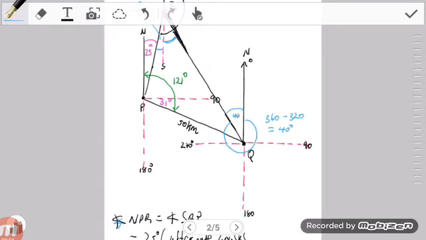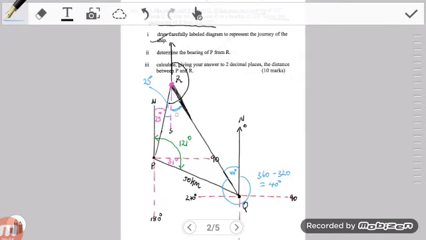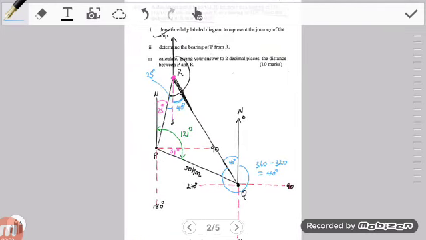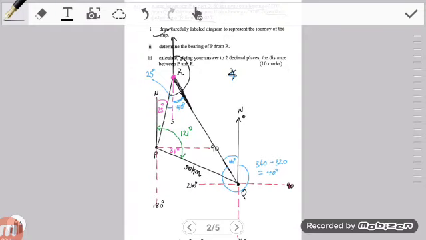So what would be our statement for that? That would be that angle, it's a tough question, guys, not the easiest of questions. So that's angle NQR is therefore equal to angle SRQ, which is therefore equal to 40 degrees.